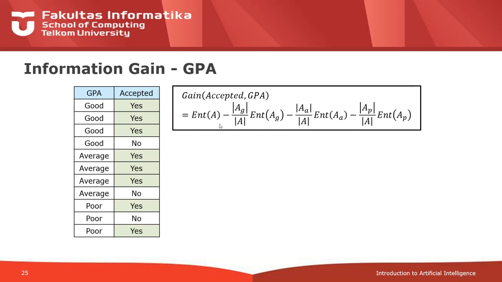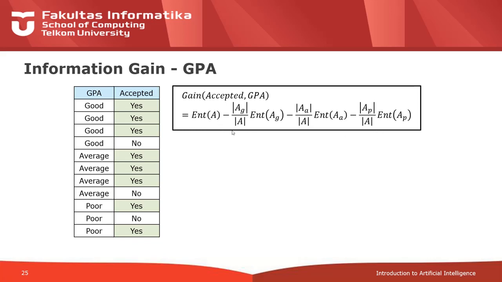Now mathematically we calculate this by calculating the entropy of accepted itself, which we have already done in the previous step. And then we will also have a sum, a sum of minuses.